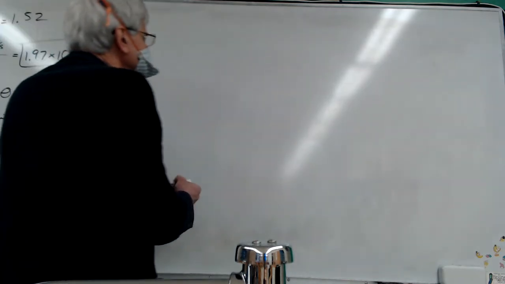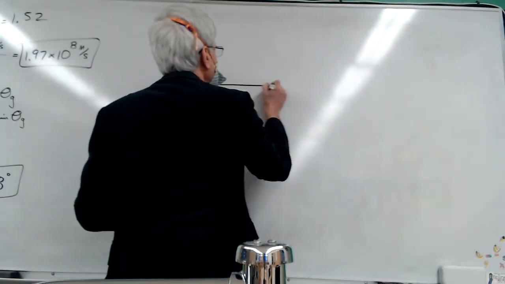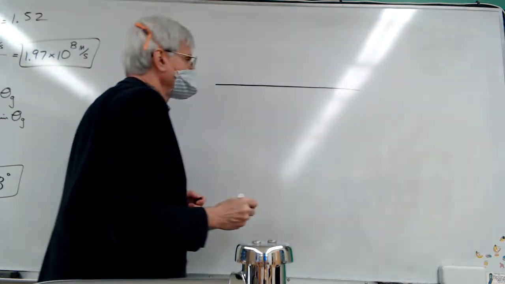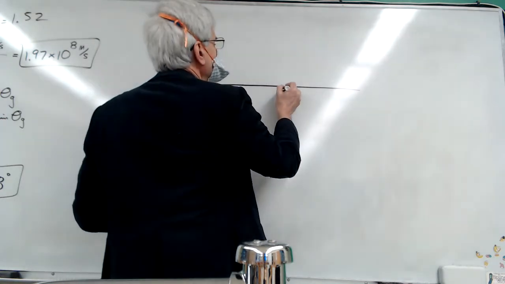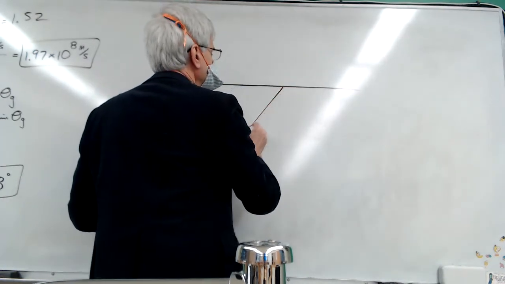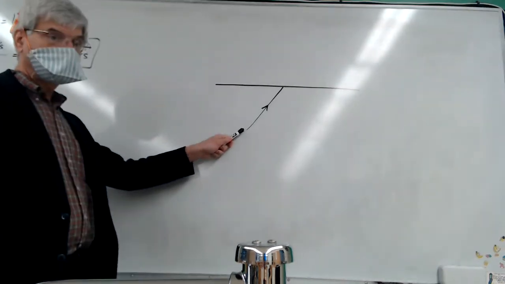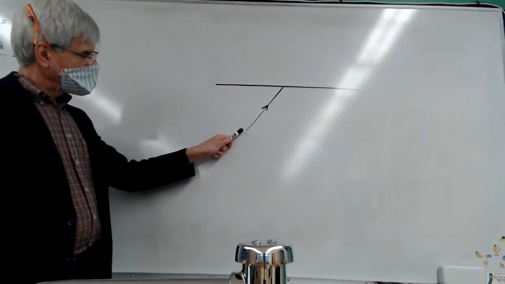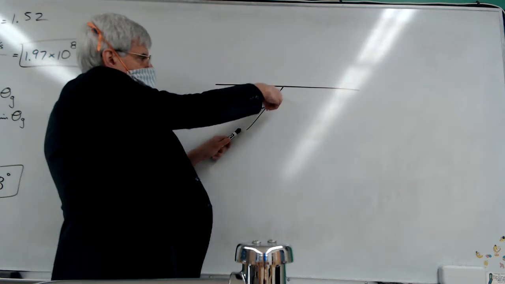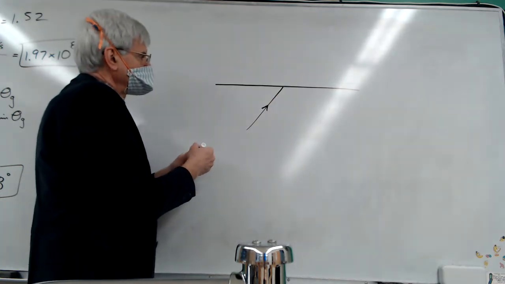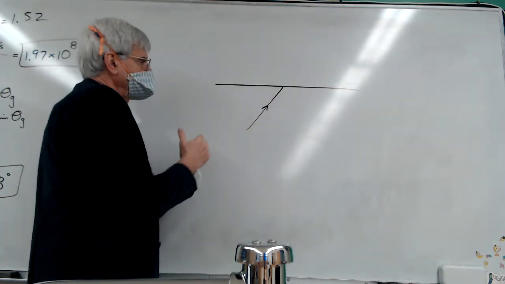So here's the surface of the water. And here's the ray. I'm holding my laser pointer, and this beam of light comes out of it, and it reaches the surface of the water. So air up here, water down here.